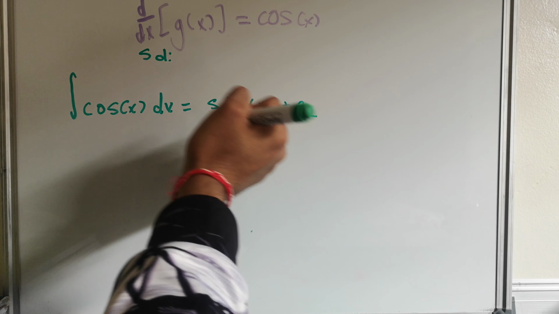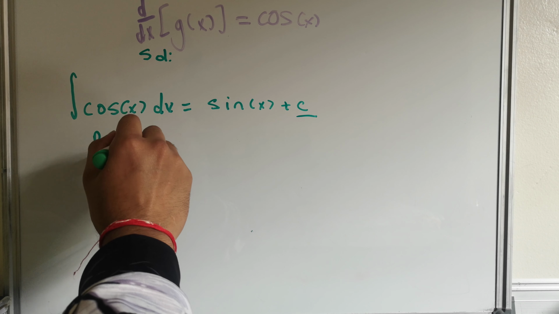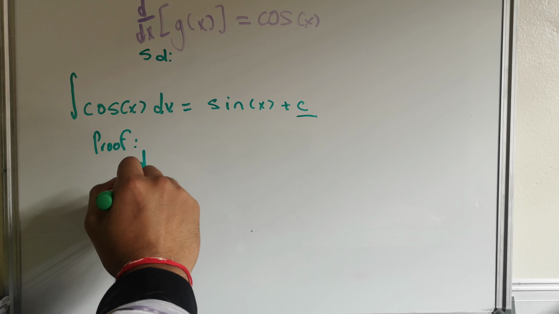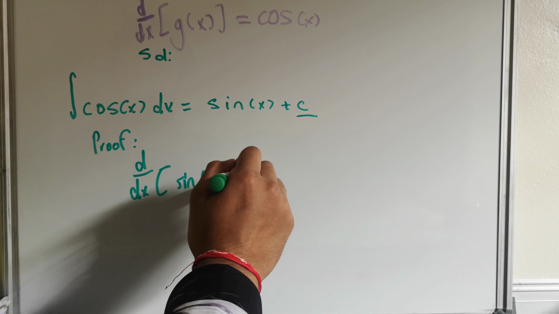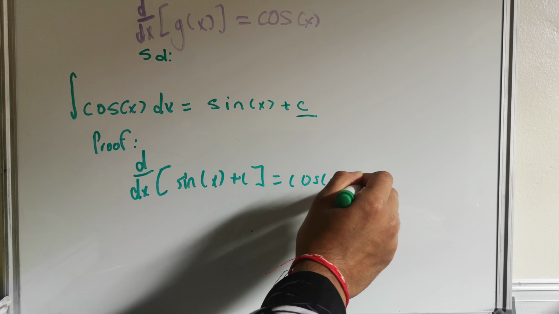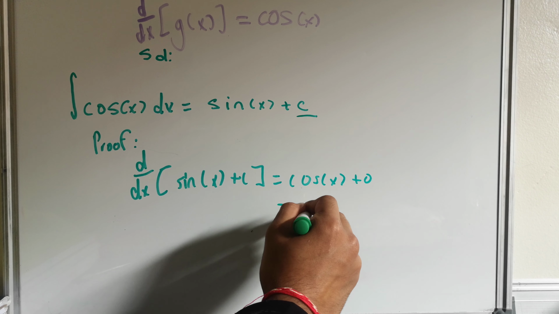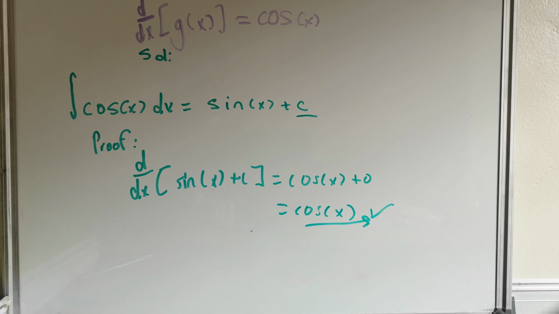And we always add the constant of integration. Proof. We take the derivative of sine x plus c, which will evaluate to cosine x plus 0, which is just cosine x. Proven. Done.